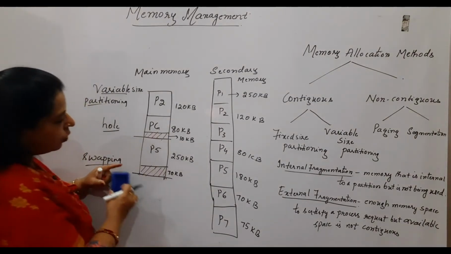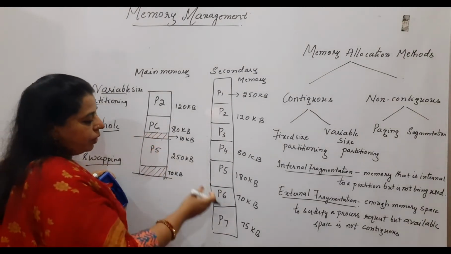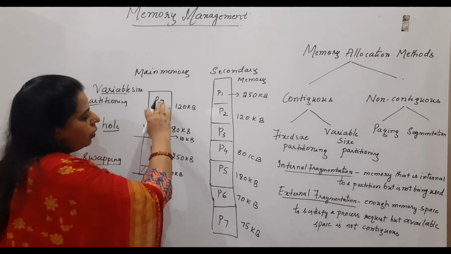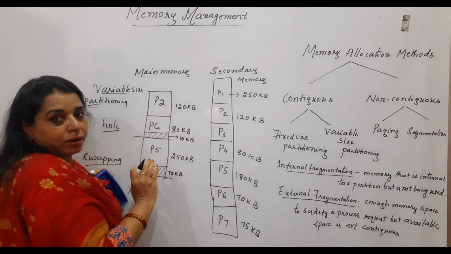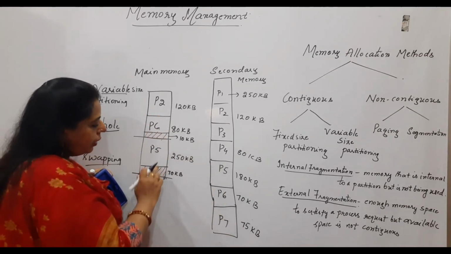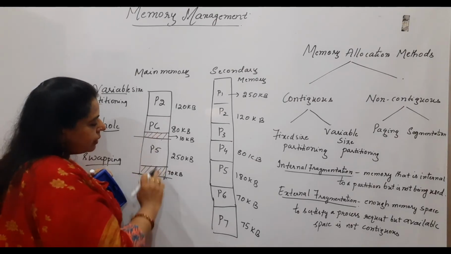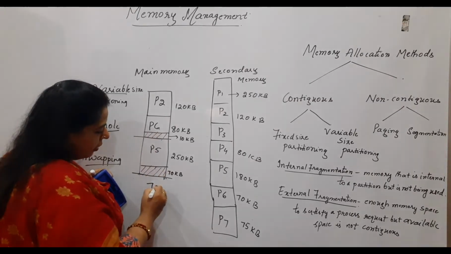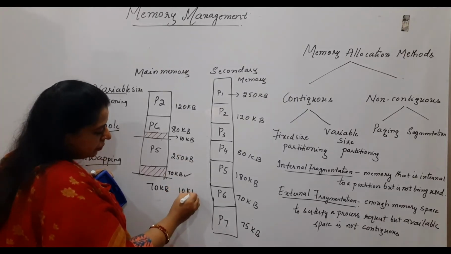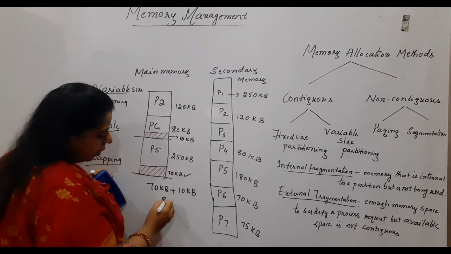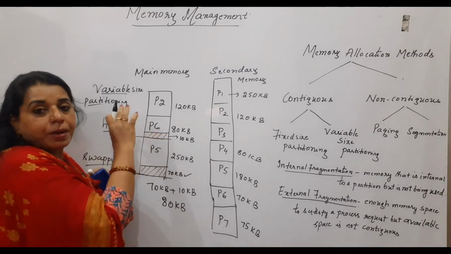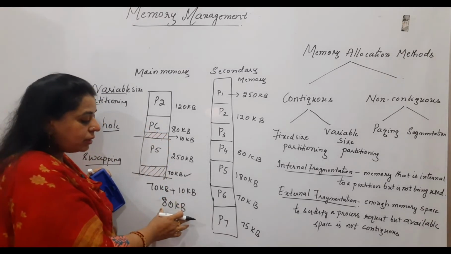Now if P7 wants to get moved to the main memory, or if you have to allocate space to P7 in the main memory, you are not finding a space here which can fit P7. But if you look into the leftover space in these two partitions, one is 70 KB here, the other one is 10 KB. If you add this, you get 80 KB. Leftover or remaining space of 80 KB exists.